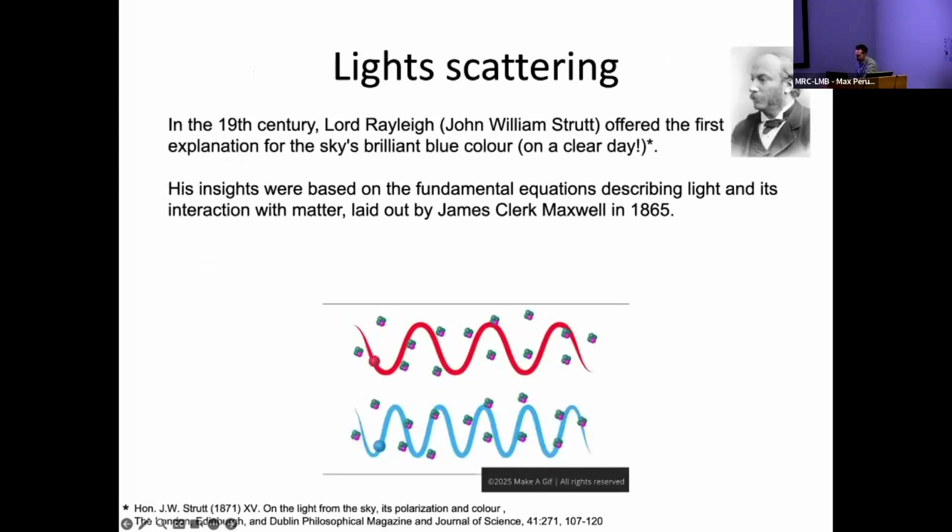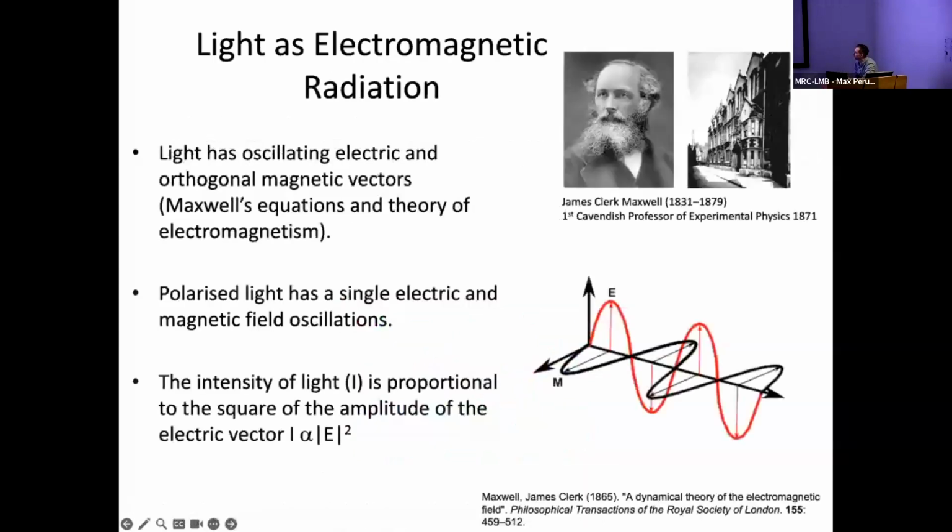Briefly, the reason the sky is blue is because blue and white light scatter more than the red and the longer wavelength light. That's caused by particles that are in the sky. We base this on James Clerk Maxwell's equations and theories of magnetism.